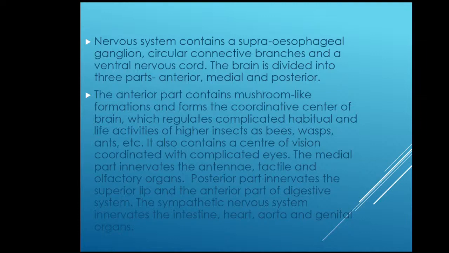The anterior part contains mushroom-like formations and forms the coordinating center of the brain, which regulates complicated habitual and life activities of higher insects such as bees, wasps, ants, and others.